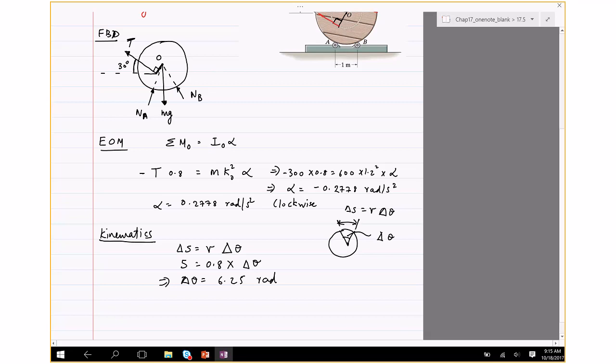I have to find the time taken for the spool to rotate by an angle of 6.25. I have the acceleration and I have the angle turned. How can I find the time?